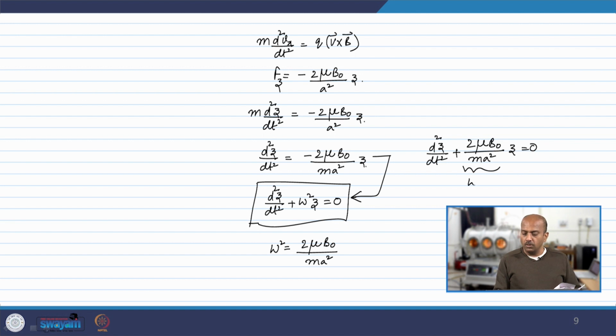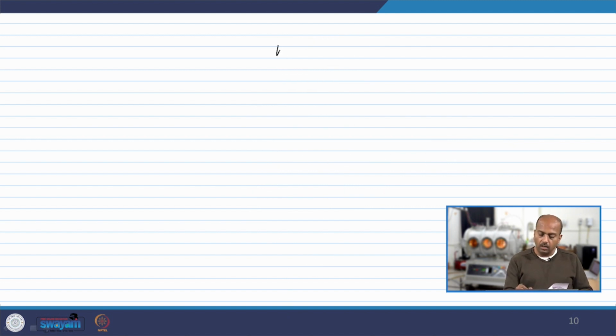So this has to be omega square. Omega is the angular frequency, so omega is the square root of 2 mu B naught by m A square.